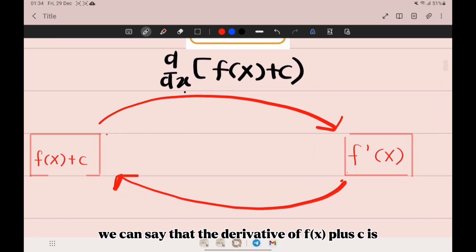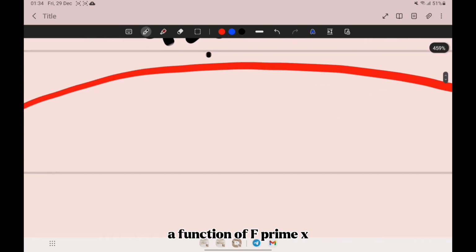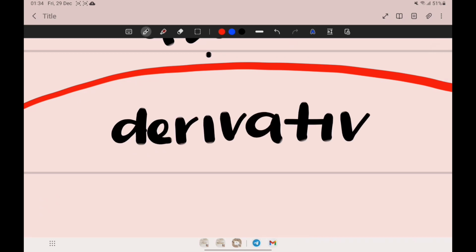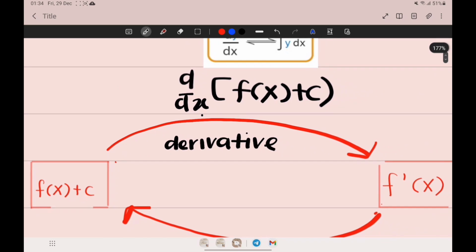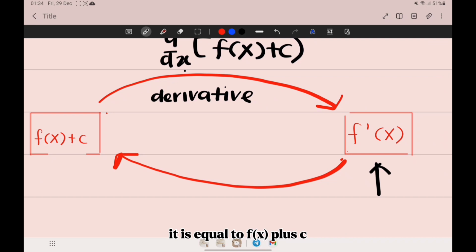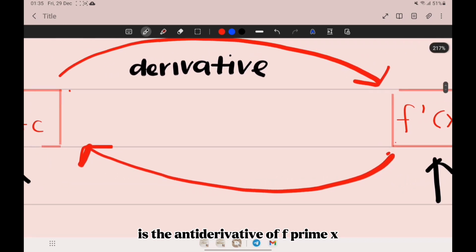We can say that the derivative of F(x) plus c is a function of f prime x. Next, when we integrate f prime x, it is equal to F(x) plus c. So we can say that F(x) plus c is the antiderivative of f prime x.